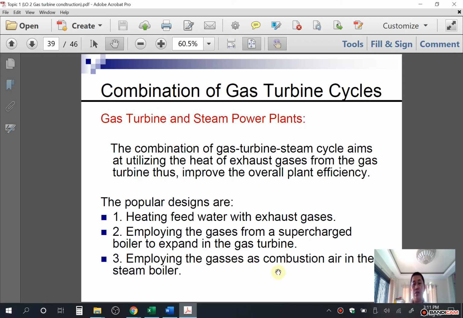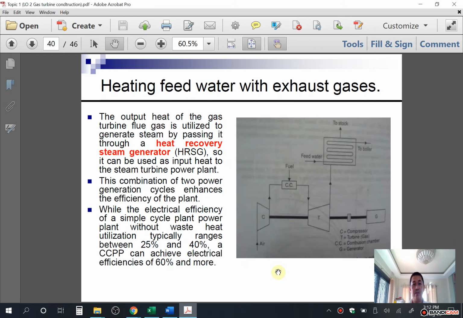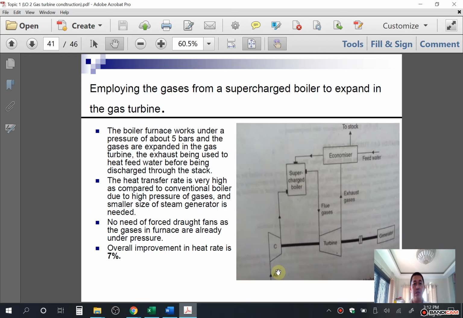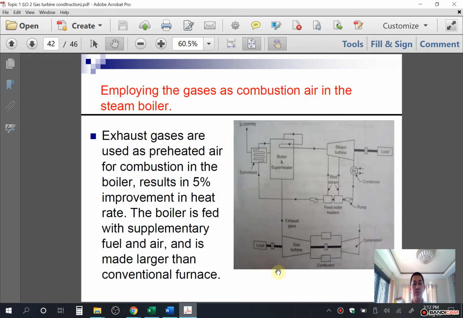Later on, I will show you the video of this system, the combination of gas turbine and steam turbine. So heating of feed water with exhaust gas, and using the gases as combustion air in the steam boiler.